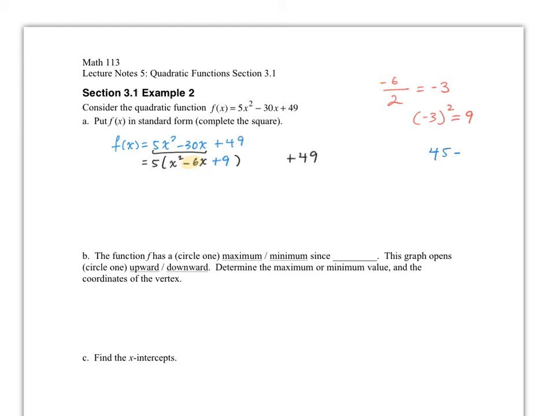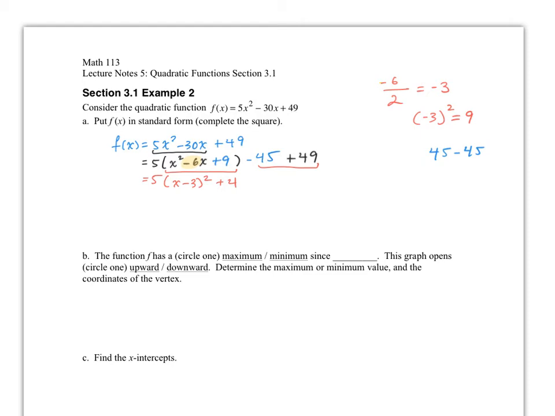So you add in 45, so you have to subtract 45. So that's why this will be minus 45. And then remember, this part will be a perfect square. It has to be a perfect square, so it will be x minus 3 squared, and this just gives you 4.